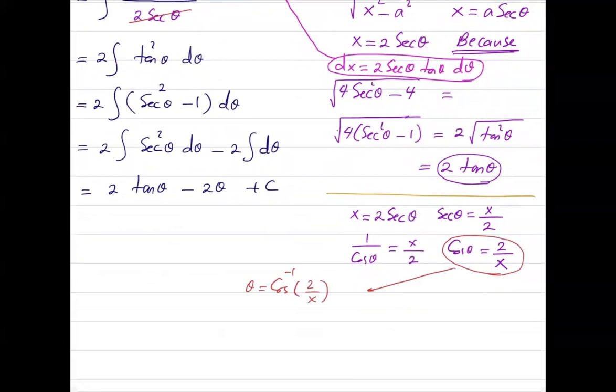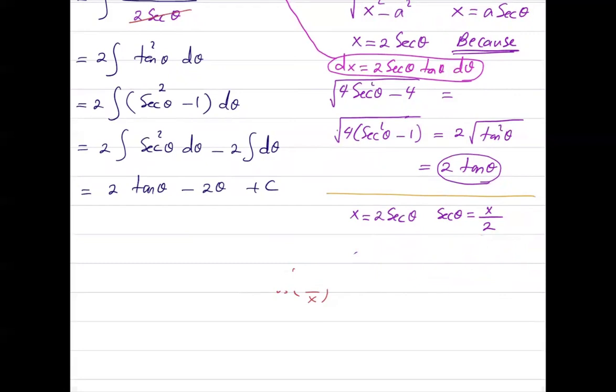They are the same thing. They have the exact same meaning. So either this or write it this way. Theta is inverse secant of x over 2.